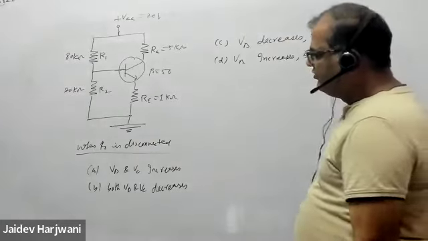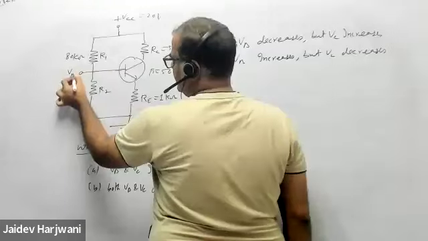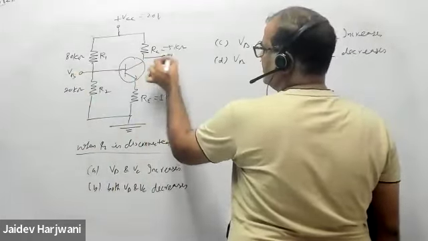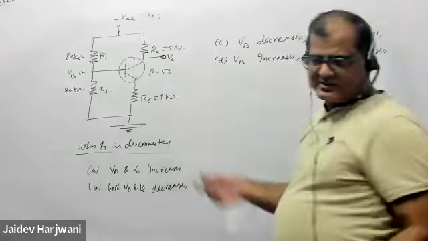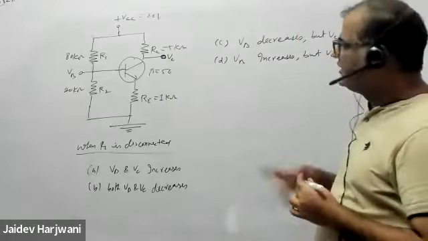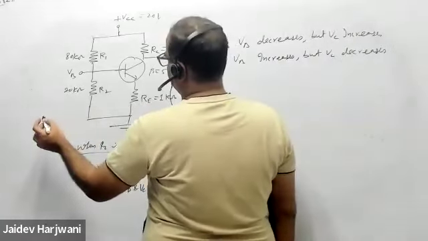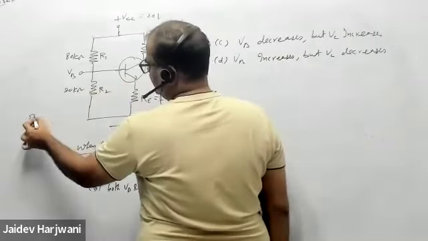Now what is VB? This is your VB, and this is your VC. Now you can solve this by approximation method, but see, the condition is not satisfied. Beta RE is 50 into 1 kilo ohm, 50 kilo ohm.